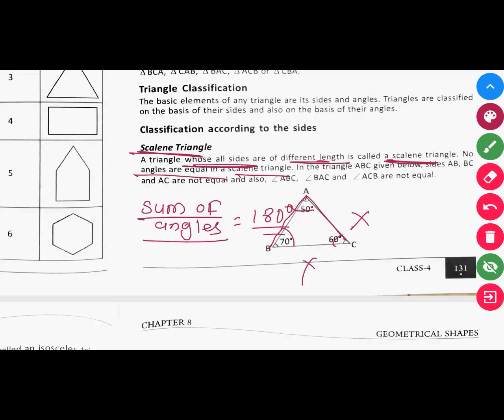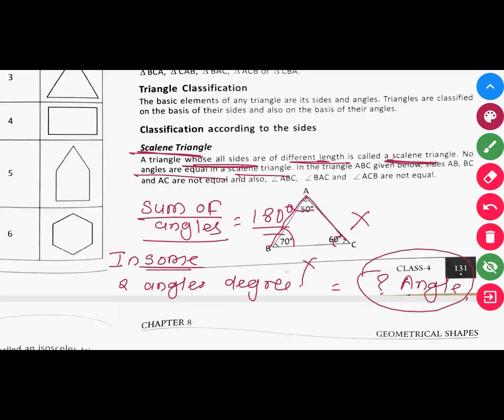Now what is the benefit of learning this? So see, if in some example two angles' degrees are given to you and you have to find the third angle, then what will you do?